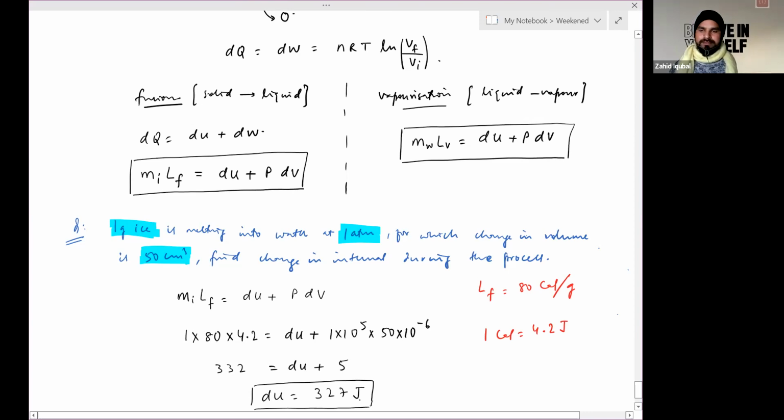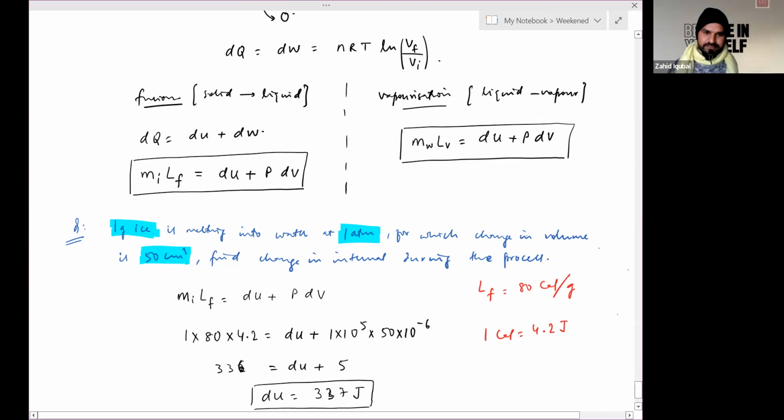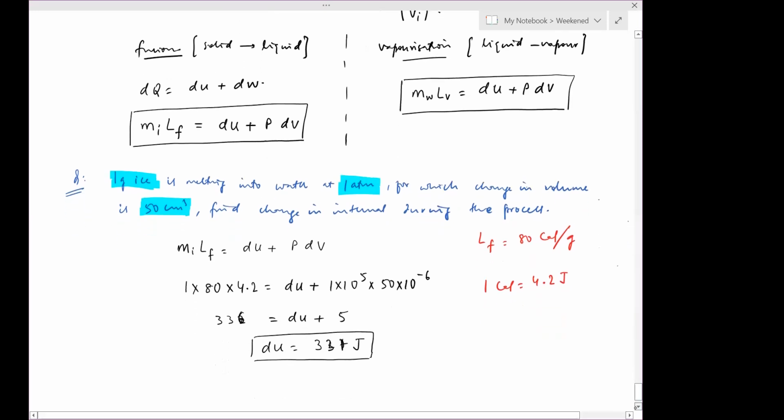Saifullah, is it clear? Yes, sir. Sir, 80 into 4.2 is 336, right? Oh, just 1 minute. So it will be 331. Good, Mamuna. Sumaya, is it clear? Yes, sir. Okay.